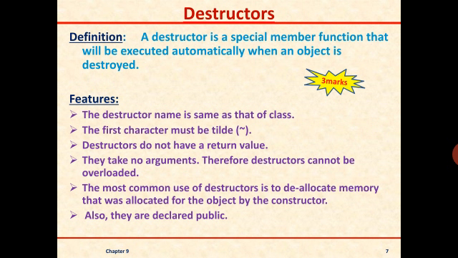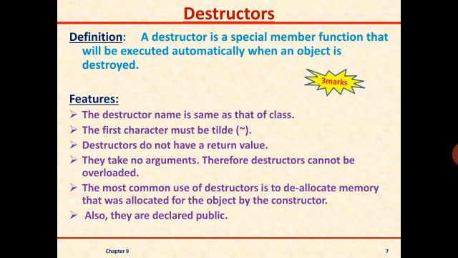Object is destroyed means what? Whatever object is created will occupy certain memory. Deallocating that memory, that is releasing that memory, is what we call destroying. So this is about the destructor.